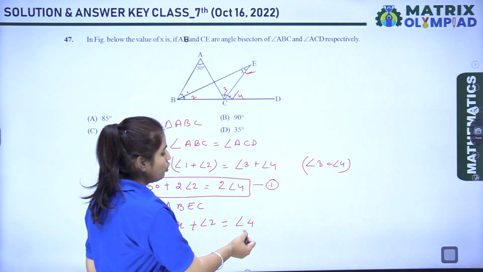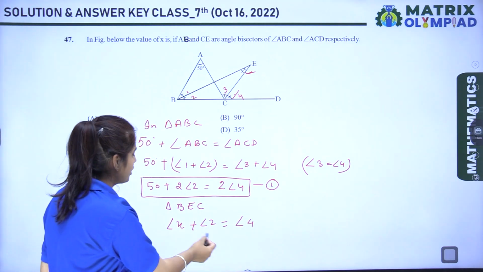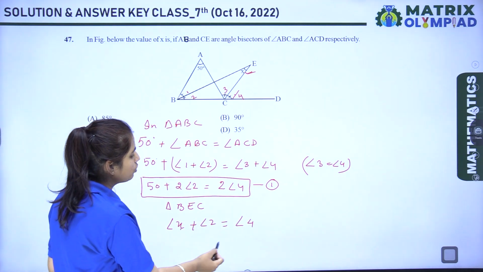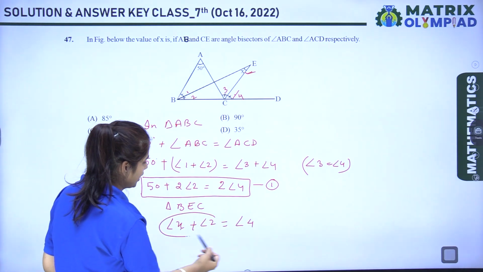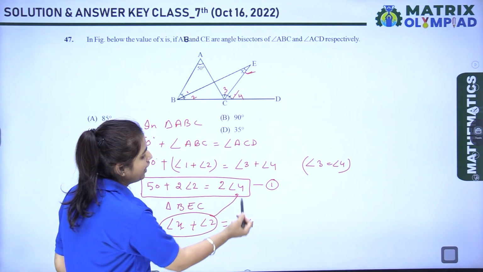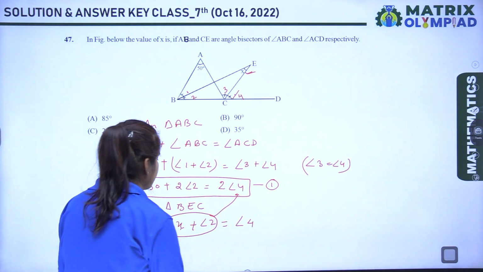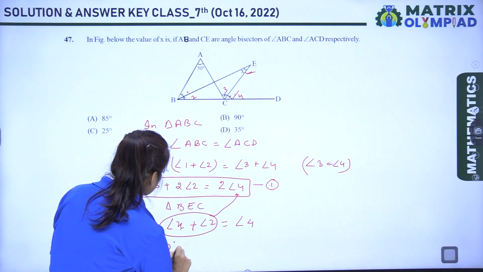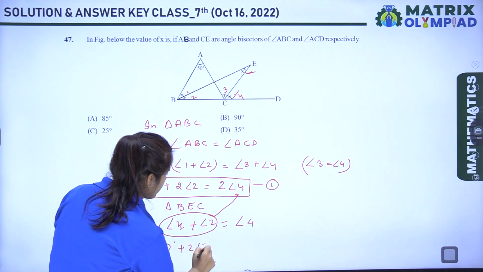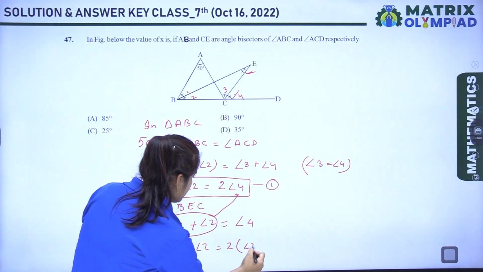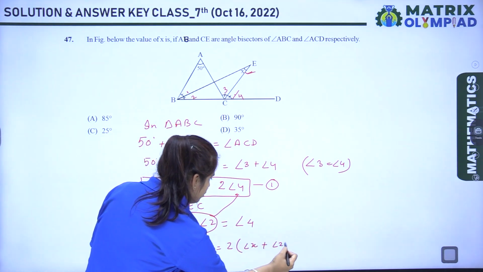Now we got the value of angle 4 here, that is angle X plus angle 2. Now we are going to put the value of angle X plus angle 2 here in place of angle 4. So after putting the value here, we get 50 degree plus 2 angle 2 equal to 2 angle X plus angle 2.